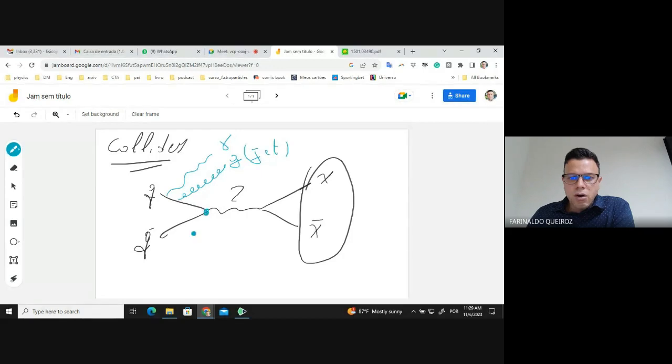But then again, as you see, it's the same case as before. This coupling I call the G. This one could be G or G chi, remember? So the production cross-section of dark matter at the LHC is also controlled by the same couplings.